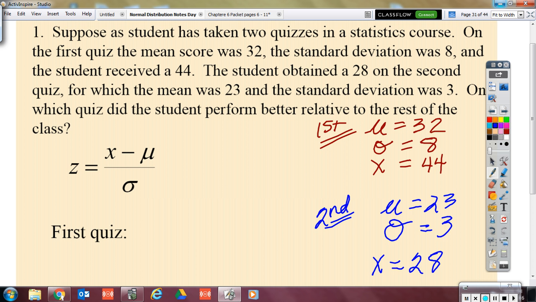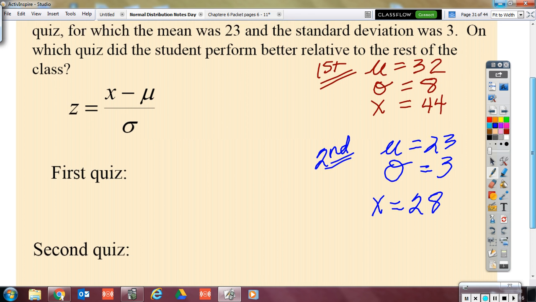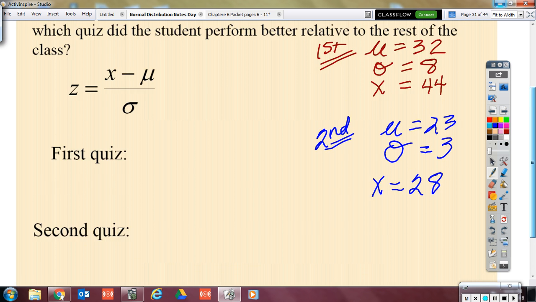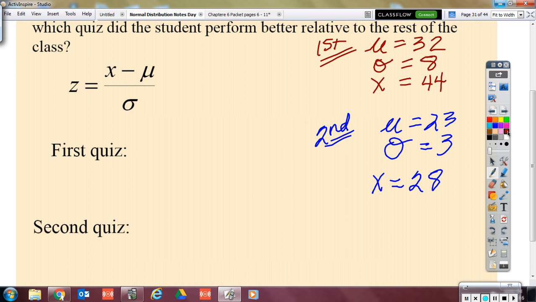So how can I tell which quiz the student performed better on relative to the rest of the class? Find the z-score for both quizzes and see which one was better. So do that. Find the z-score for each quiz.